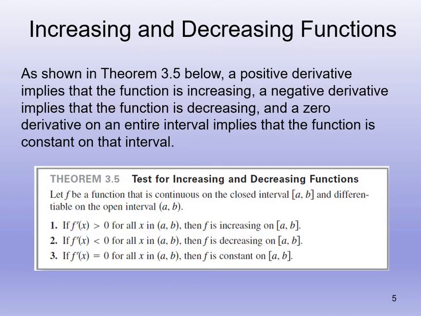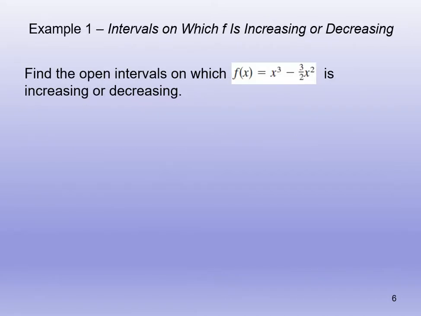It's not increasing or decreasing on that interval a to b. Those are the three tests as we apply Theorem 3.5 to understand if a function is increasing, decreasing, or remaining constant on an interval.